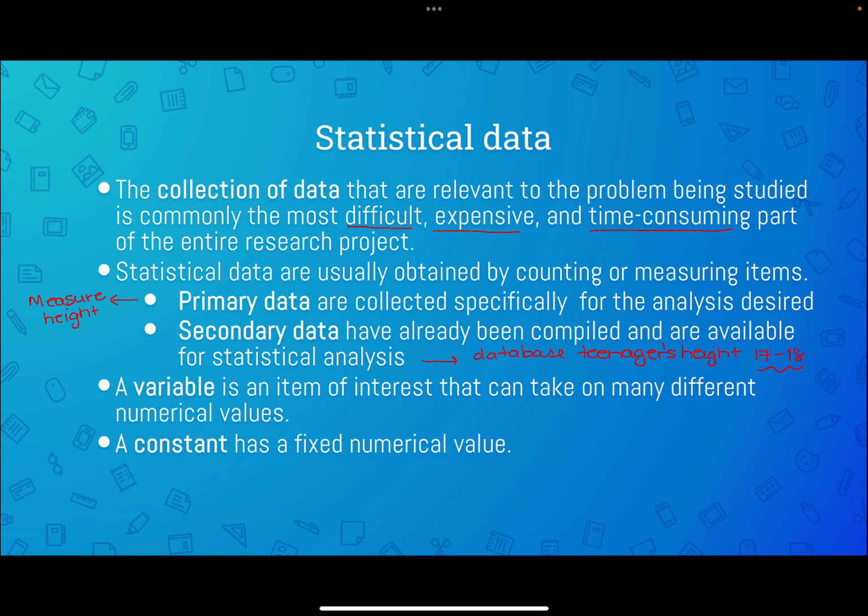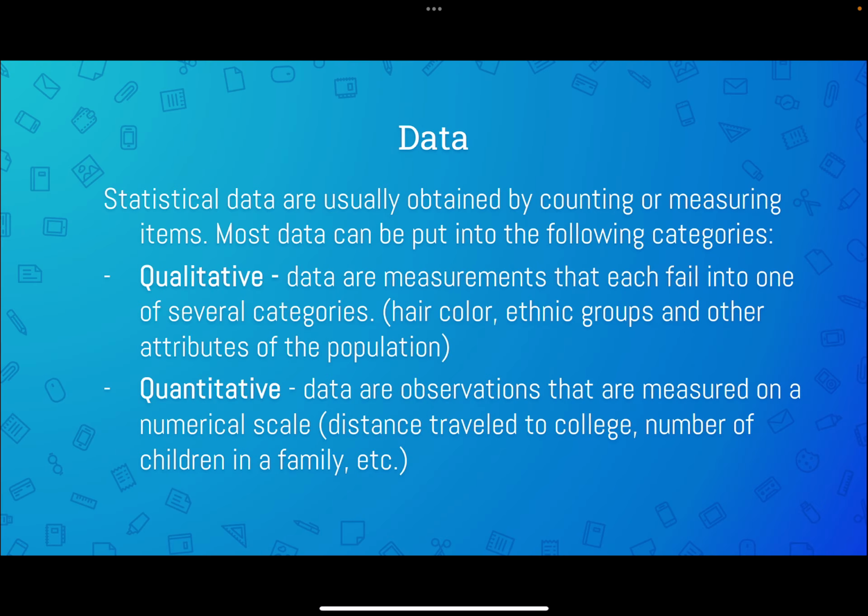A variable is an item of interest that can take on many numerical values, and a constant is a fixed numerical value. Data can be qualitative or quantitative. Qualitative data is measurements that each fall into one of several categories.